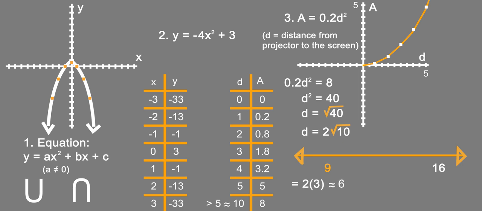So my estimate was slightly off, but this is still an estimate of around 6 feet. If you use the actual value of 2 times the square root of 10, you end up with 6.32 feet. And again, that is our estimate for the distance when the area on the screen equals 8 square feet.